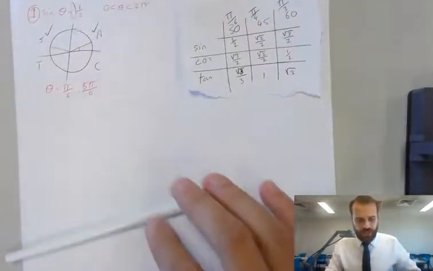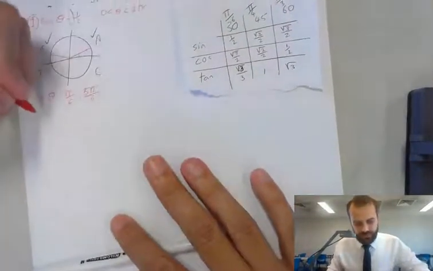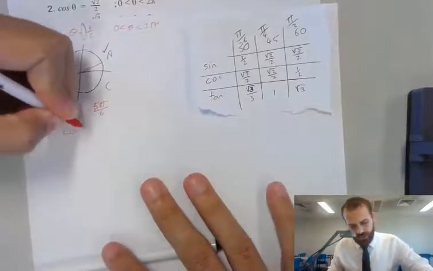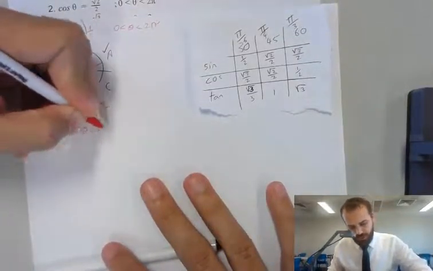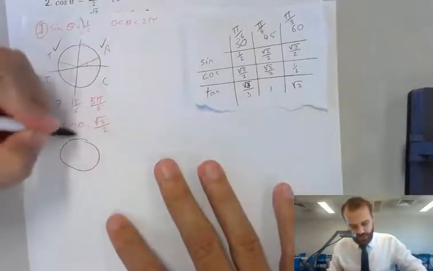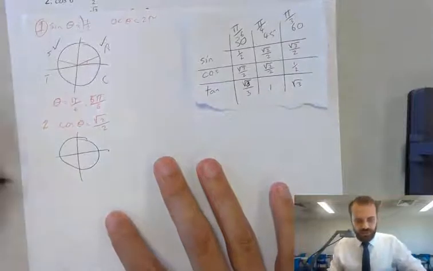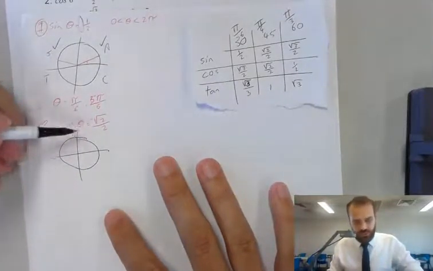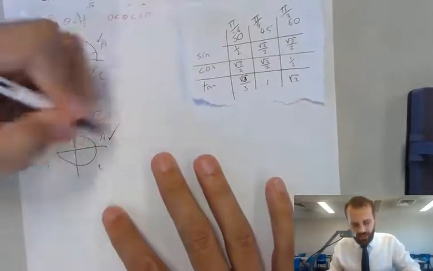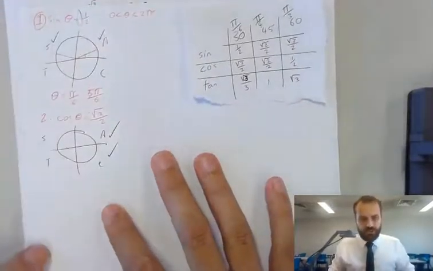Alright, 20 questions to go. The next one here is cos theta equals root 2 on 2. Again, I start with a circle. I look at the question. It's a positive question, C-A-S-T. So it's going to appear in this quadrant and this quadrant.